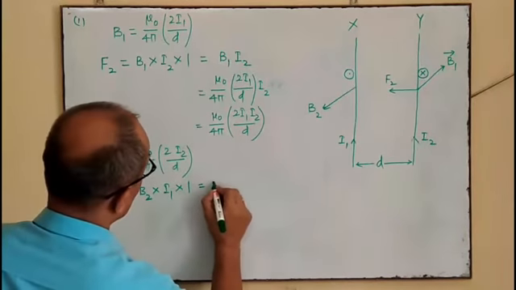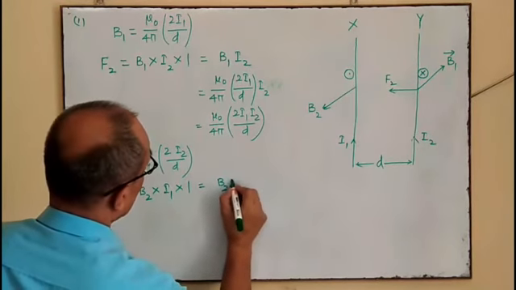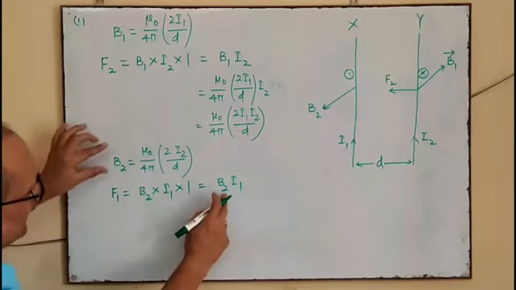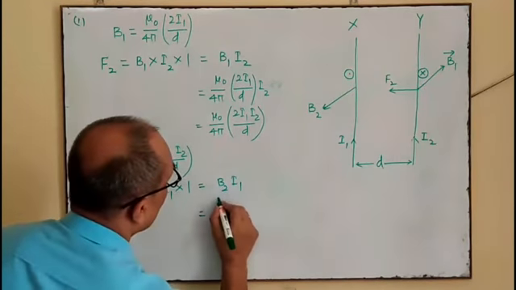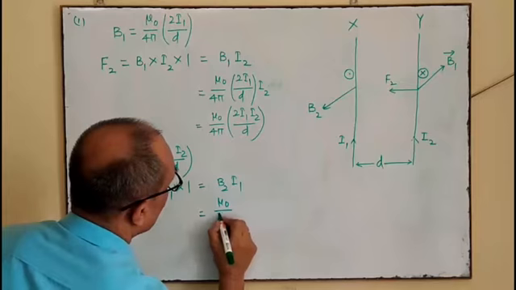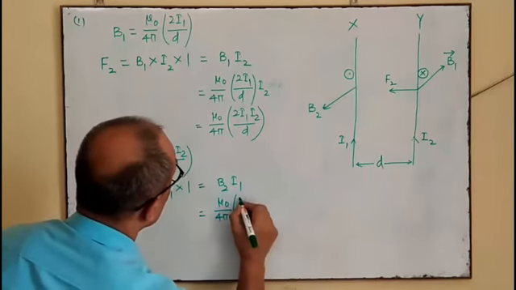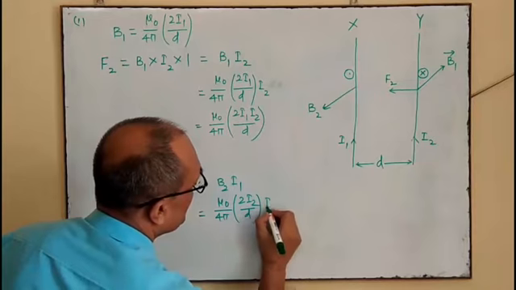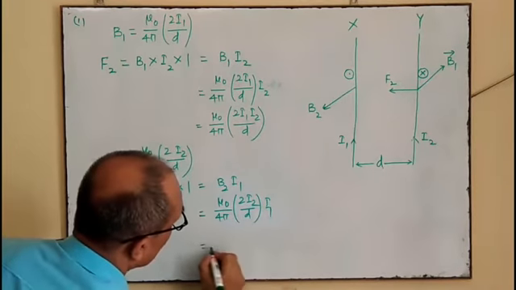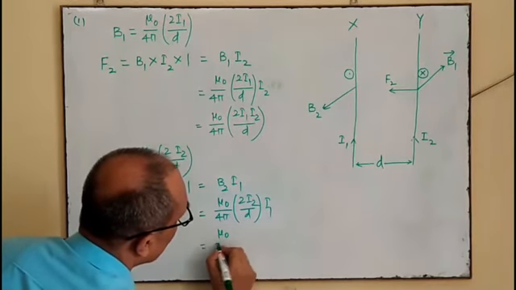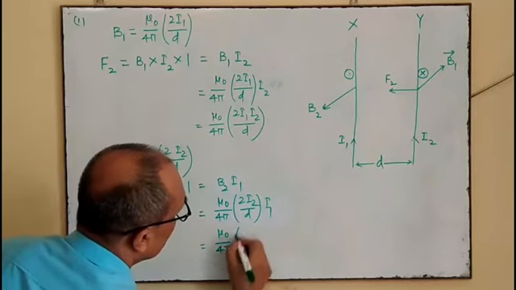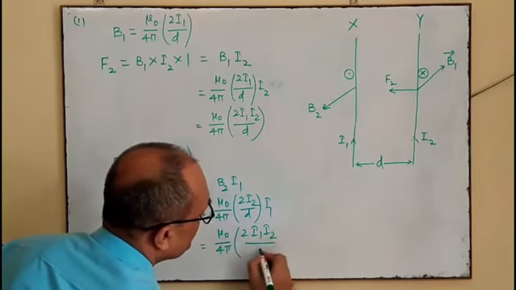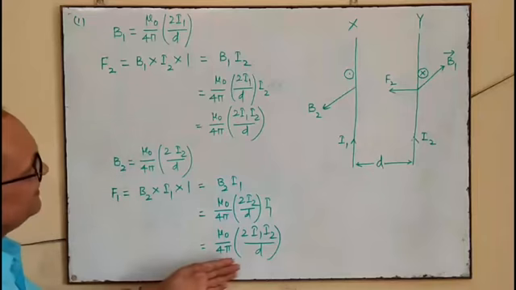This will be B2 I1. Now putting in the value of B2, mu naught by 4 pi, 2 I2 by D, times I1, this equals mu naught by 4 pi, 2 I1 I2 by D. I think it is very clear.